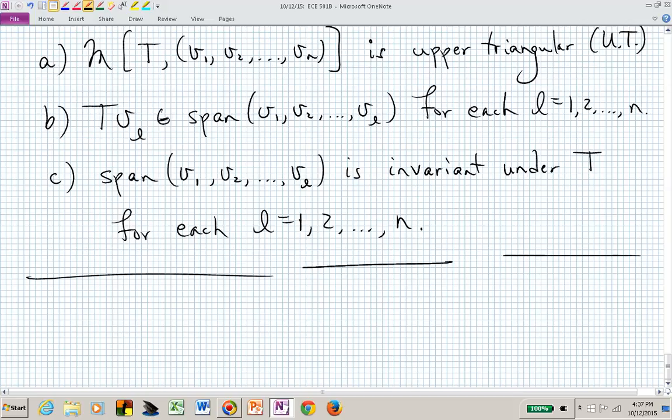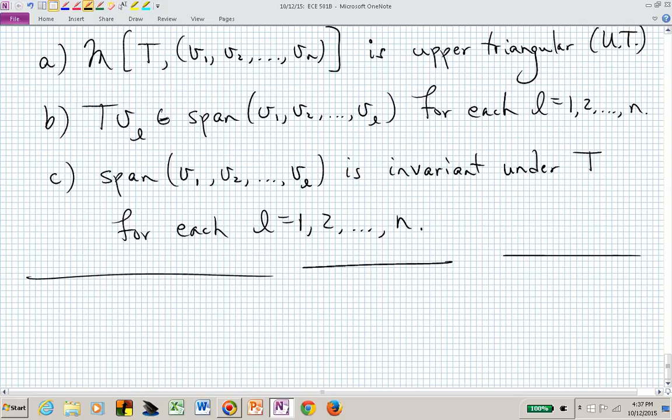If I give you little l equal to 4, then you give me a vector that's in the span of V1 through V4, operate on it with T, and you'll stay in V1 through V4. If I give you something in the span of V1, then you're going to stay in V1.